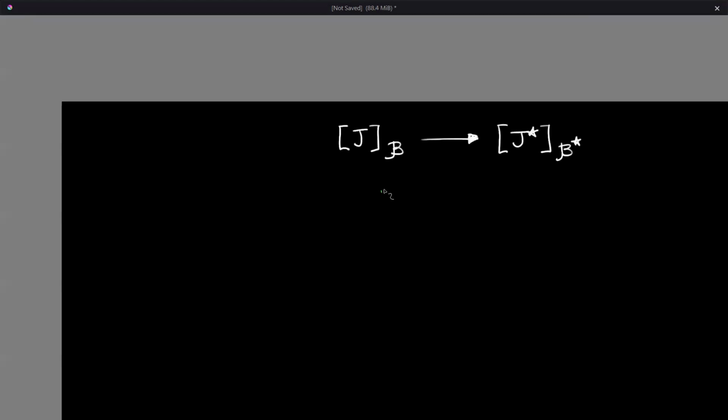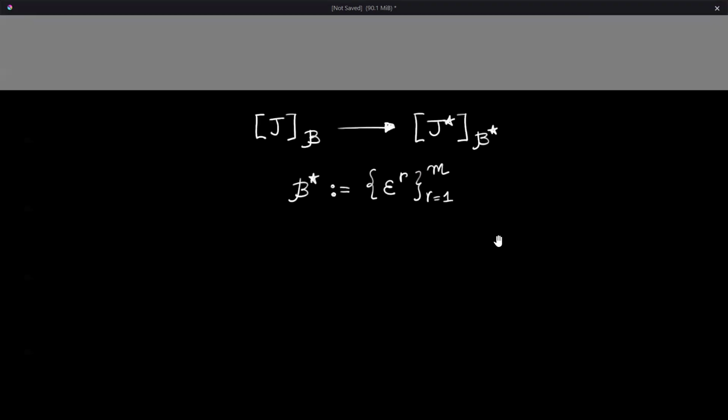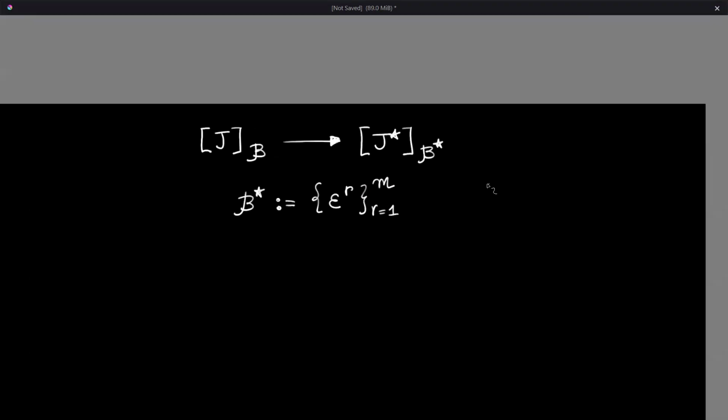In fact, let's define it. B star is defined as the covector basis, for r equals 1 to m, where you have this relationship, delta rs.